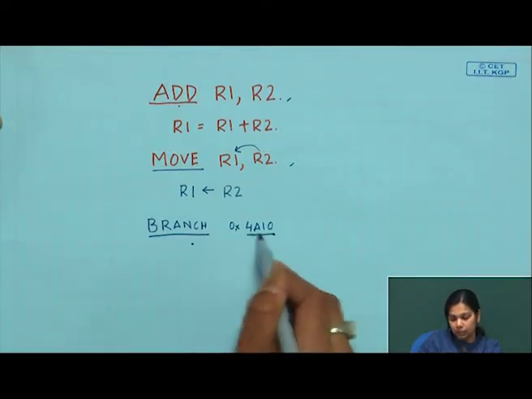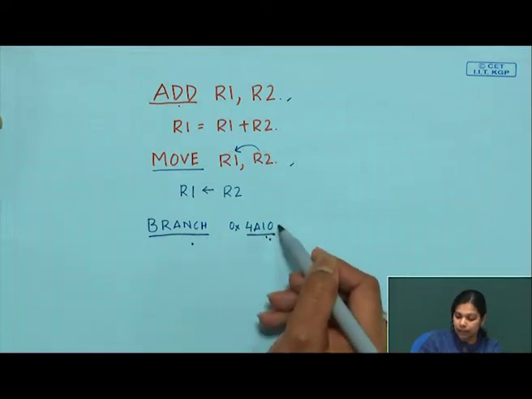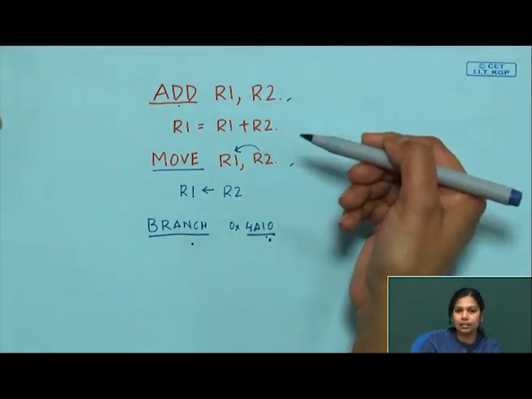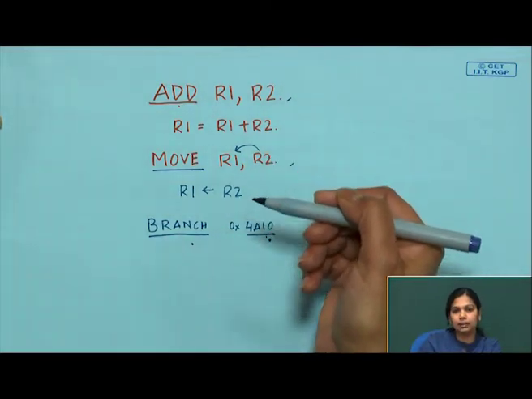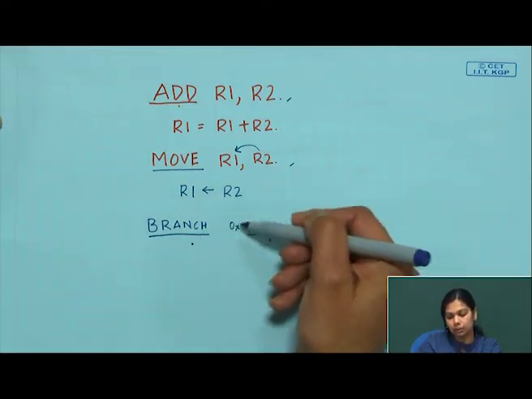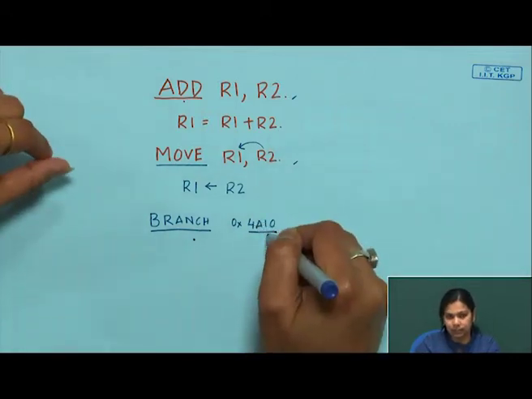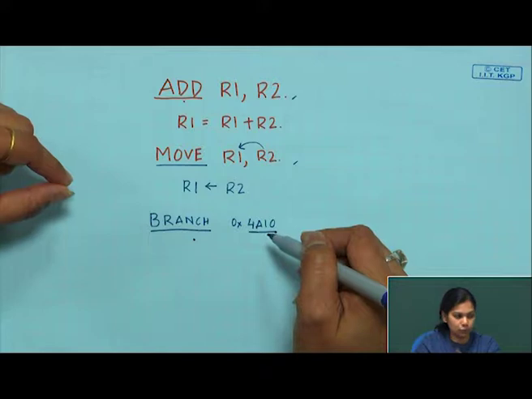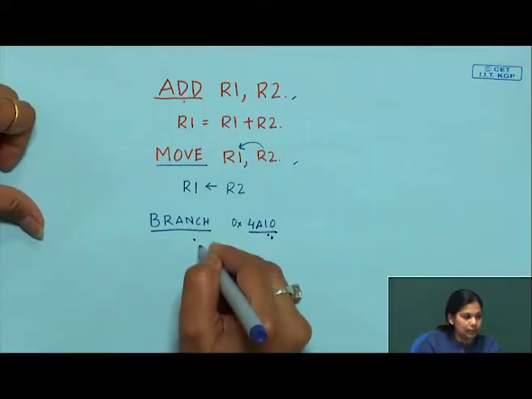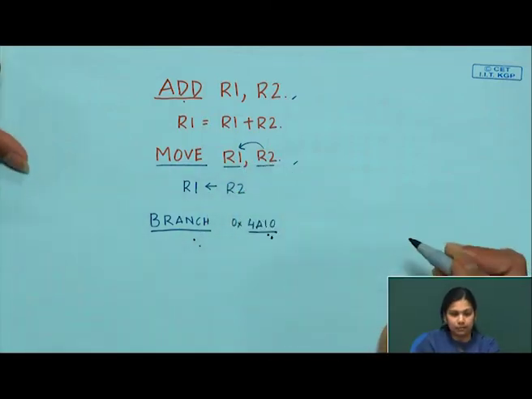Whatever data is there in this location will be added with the PC to calculate the current instruction that needs to be executed, because branch to this location means some instruction is present there which we need to execute. So, this part of the instruction we call the opcode, and this part is the operand.